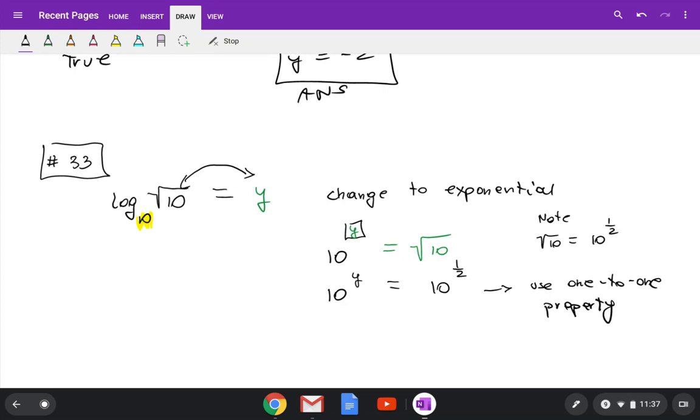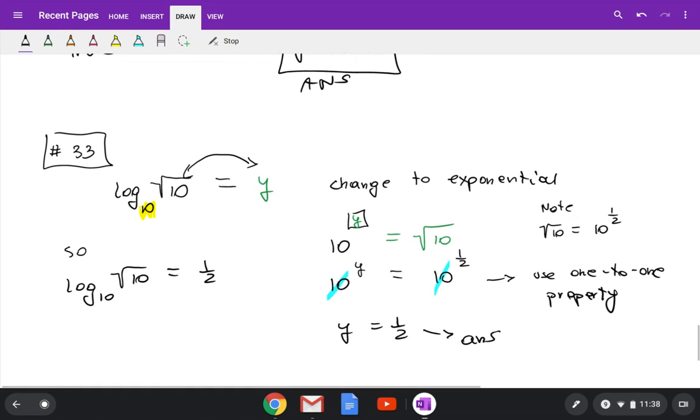Since we have the same basis on the left and on the right side, and the expressions are equal, that means exponents needs to be equal. So y it's equal 1/2, which means that's our answer. So log base 10 of square root of 10 is equal 1/2.